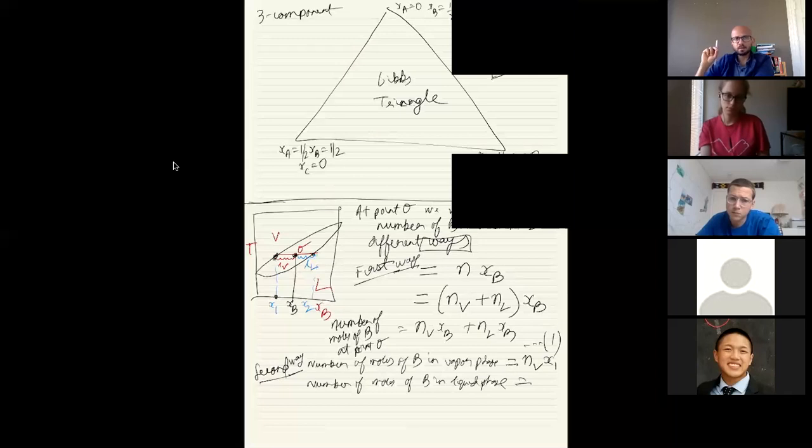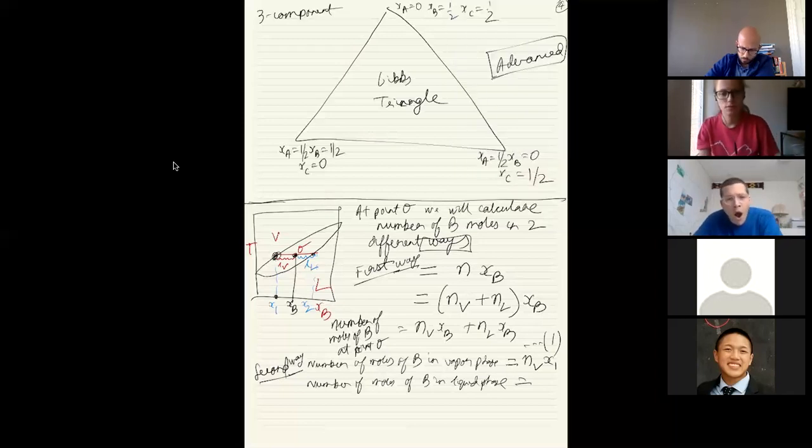We know that it will exist as a combination of vapor with mole fraction X1 and liquid with mole fraction X2. Therefore, the number of moles of B in vapor phase is NVX1, and number of moles of B in liquid phase is NLX2.